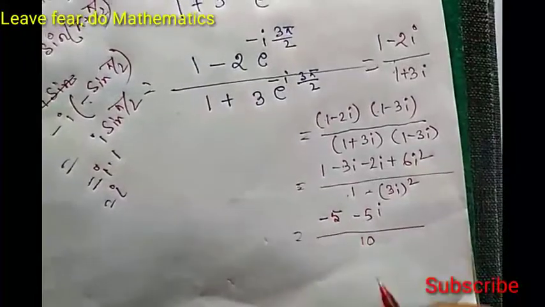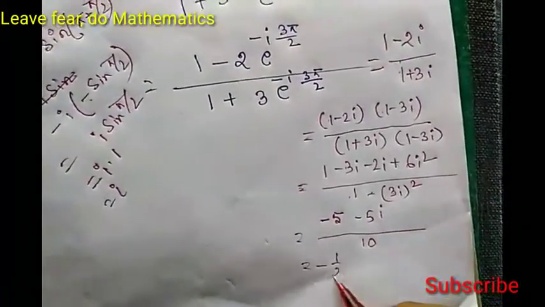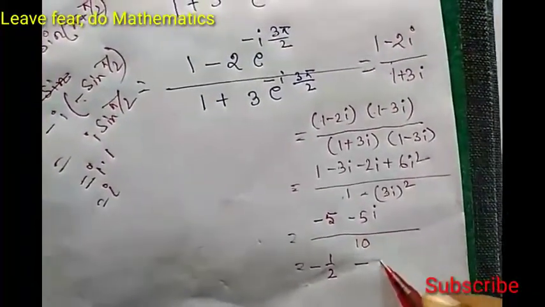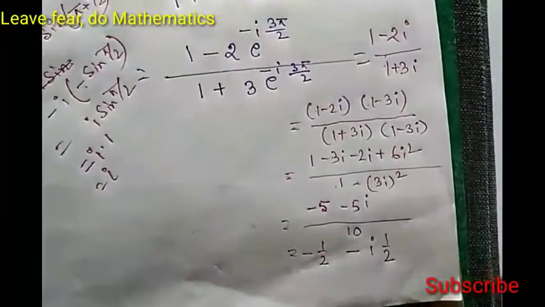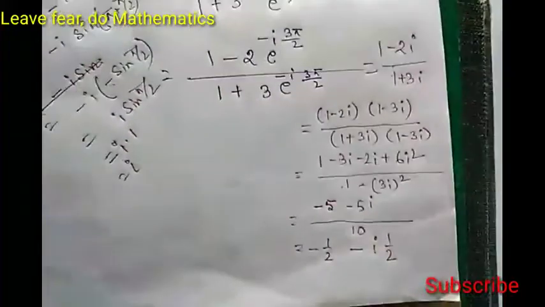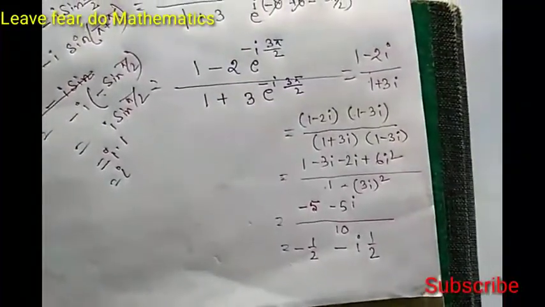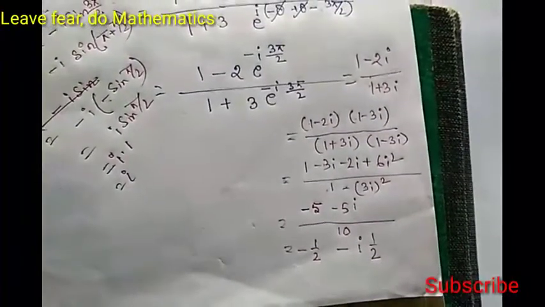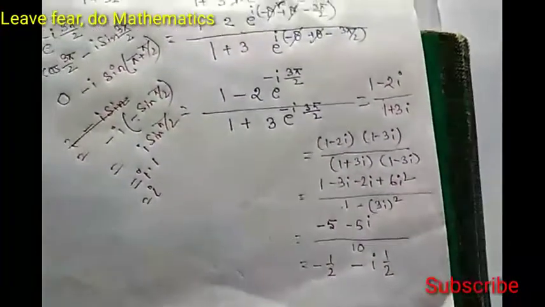That means minus 5 by 10 is minus 1 over 2, and minus 5i by 10 is minus i times 1 over 2. So basically this is the complex number minus half minus i into half. Look carefully now.